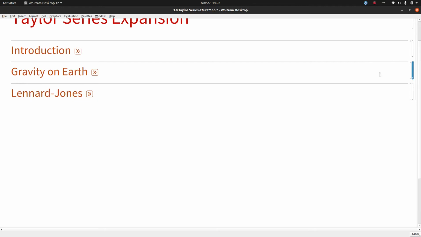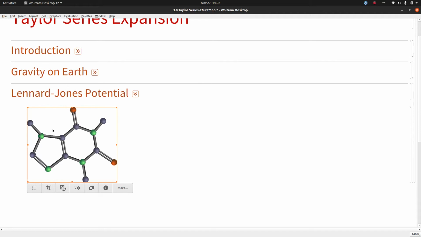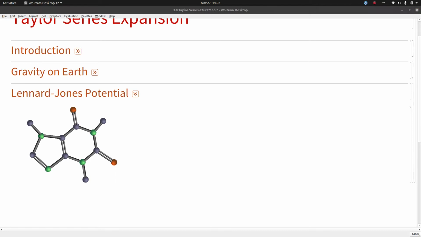Okay, so that's a fun example involving gravity. Up next, I want to talk about the Leonard-Jones potential. And the Leonard-Jones potential is frequently used to model molecular and intermolecular forces. So the Leonard-Jones potential looks like this. V_LJ as a function of r, so this is the potential energy between, let's say, two atoms or molecules as a function of the distance between them.